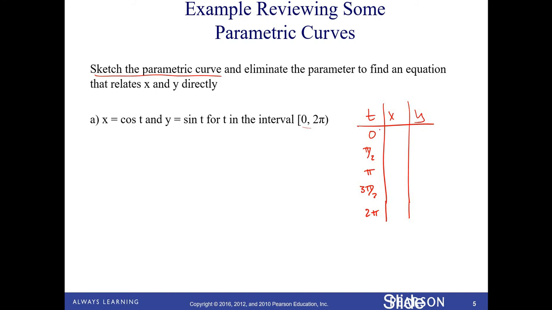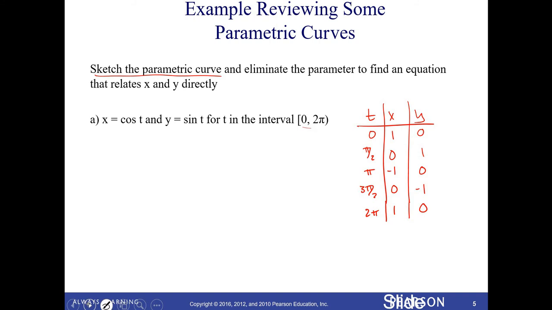So when t is 0, x is 1, pi over 2 is 0, then negative 1, 0, and back to 1. My y values are my sine values, so 0 is 0, then 1, then 0, then negative 1, then 0.